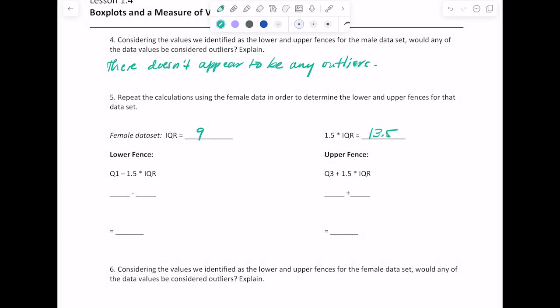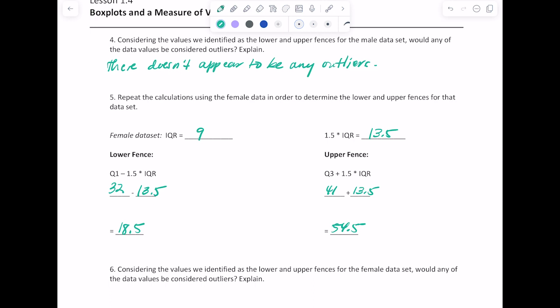And now I'm going to do Q1, which I think I said was 32, minus 13.5. That's 18.5. And then I'm going to do Q3, which is 41, plus 13.5. So that comes out to be 54.5.